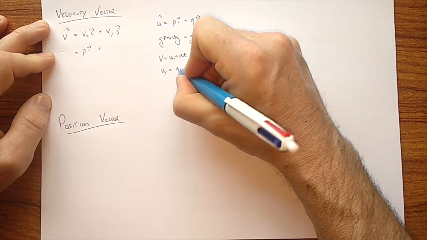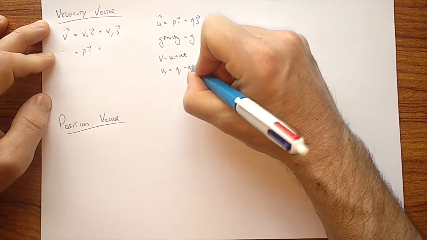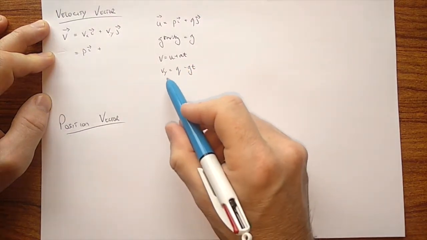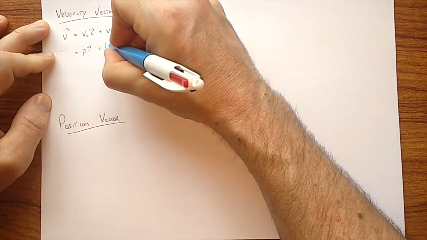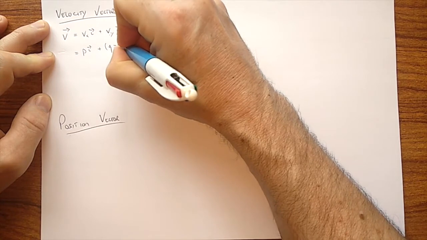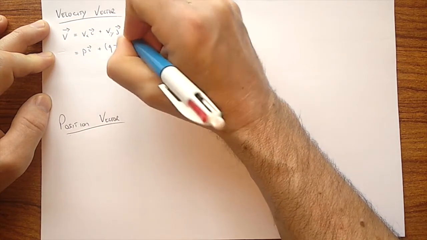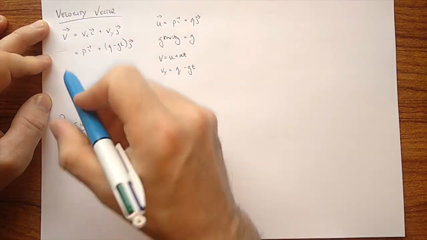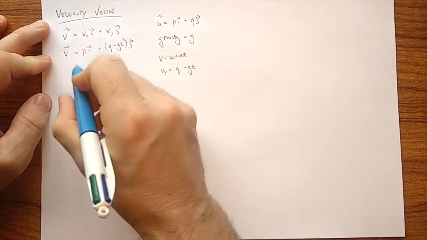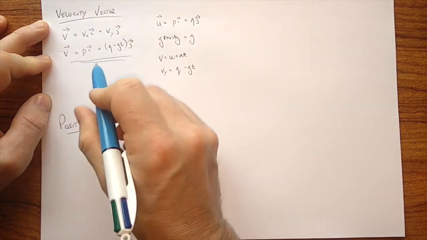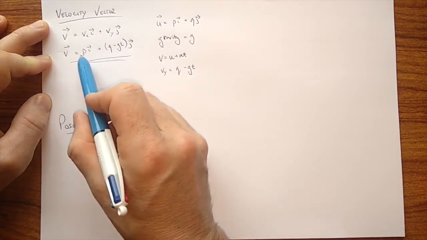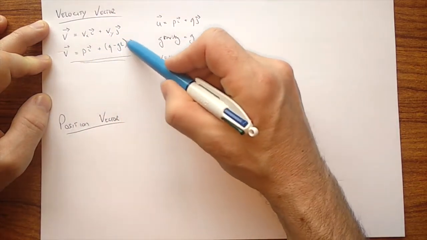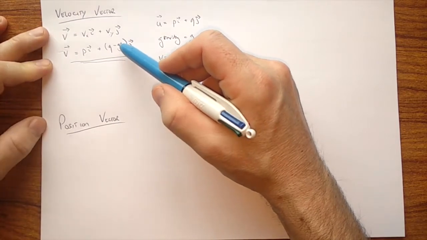Vy is q minus gt. So we have q minus gt in the j direction. So that is our velocity vector, the velocity at any particular point in time. It's always going to move the same in the x direction, and that's how we're going to calculate it. So it's a nice way to contain it in one place.